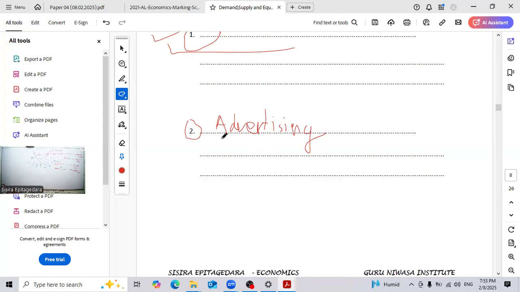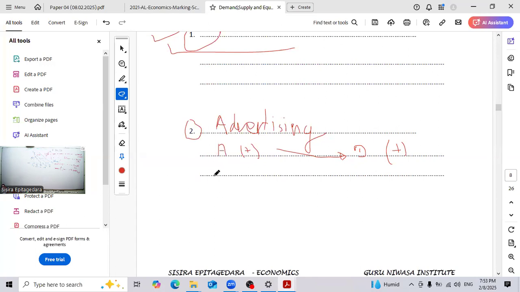You can say promotion as well. Dinal, when businesses spend more money on advertisement, what happens to demand of their products? Increases. Okay.